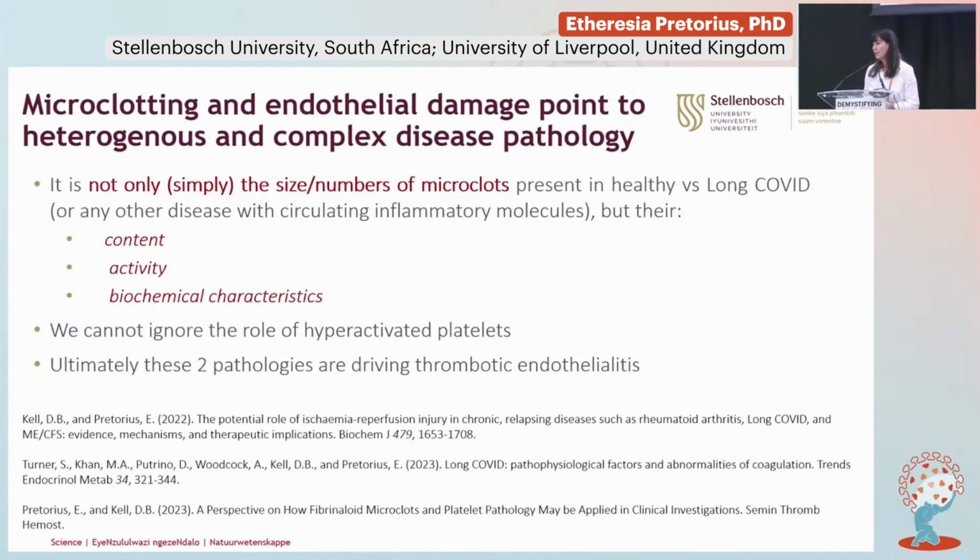Microclots and endothelial damage, we think, point to a heterogeneous and complex disease pathology. It is not simply the size or number of microclots present in healthy people and long COVID or any other disease, but also their content, their activity, and the biochemical characteristics that we must look at.